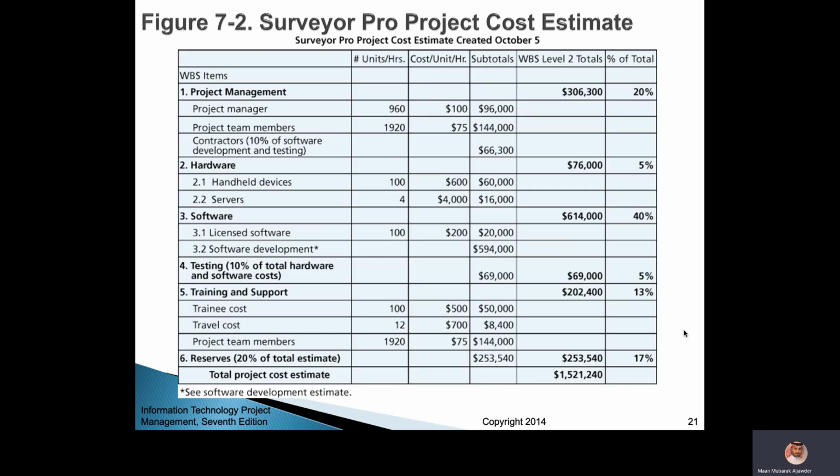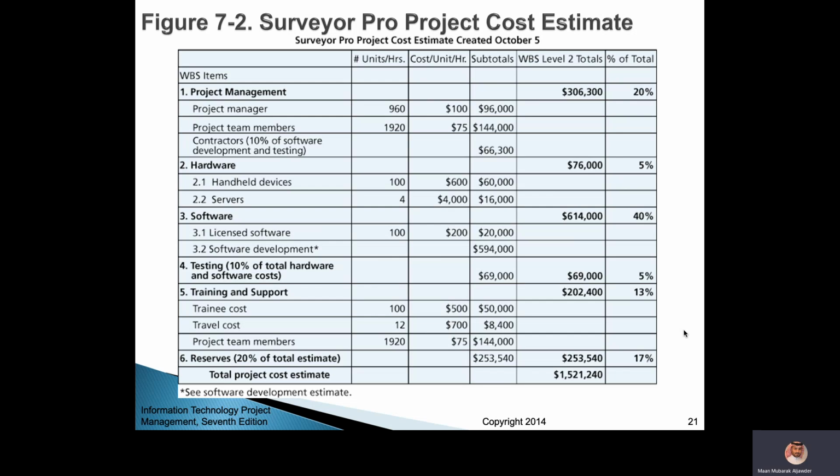Now this is an example of cost estimates. This is how we estimate cost. On the left, you can see the work breakdown structure, the WBS items: project management, hardware, software, testing, training, and support.